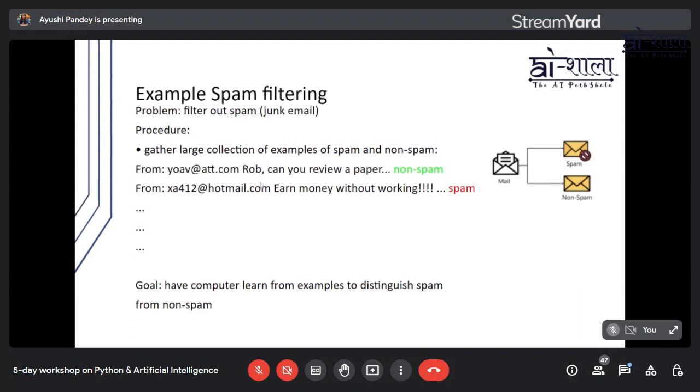If the material written in the email is, for example, "can you review a paper?", this is not spam. But if the email ID looks genuine but the material is "earn money without working", these kinds of things are spam, so it should be categorized as spam. The computer learns from examples to distinguish spam from not spam, and this is always applied at the server level.